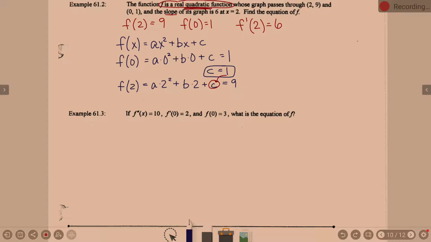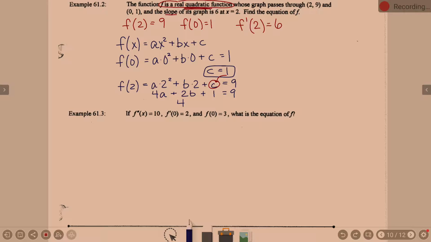So if I clean that equation up, I'm going to have it in terms of a and b. 4a plus 2b plus 1 equals 9. Knowing what I know, can we go ahead and move that 1 over? That's some of me knowing where we're going next, but we normally tend to put constants together, right?